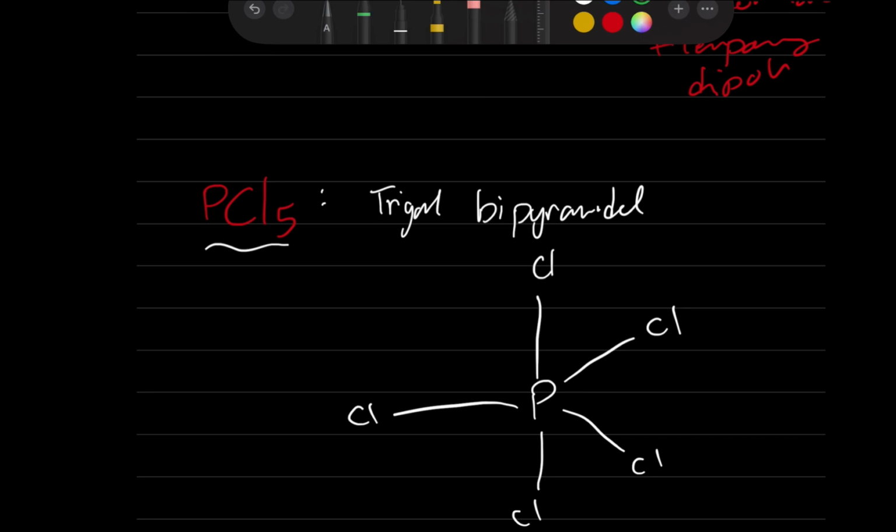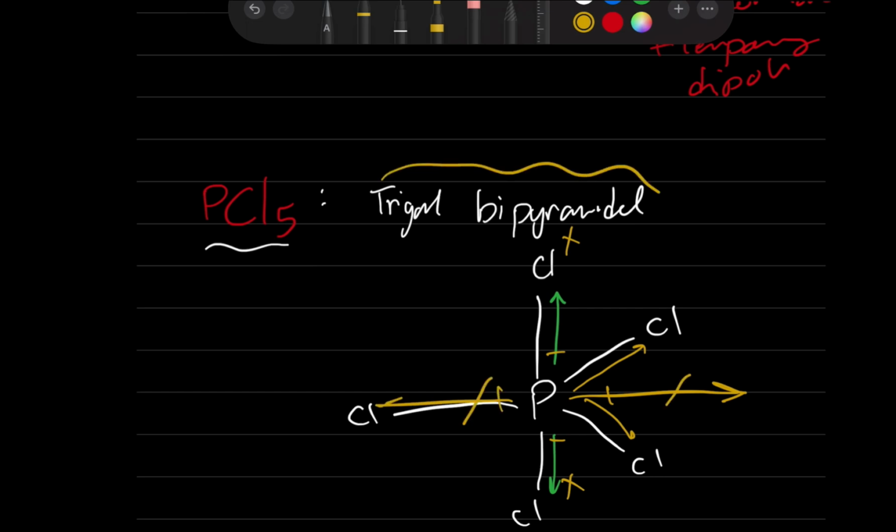Let's draw the dipoles. The Cl is more electronegative than the phosphorus atom, and that's why the first two dipoles cancel out each other at that point. Those two dipoles have a net resultant in the middle, and this one cancels this one. Which means that the PCl5, a trigonal bipyramidal, is symmetrical.